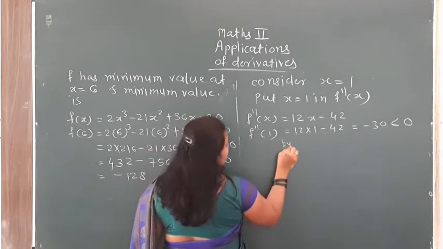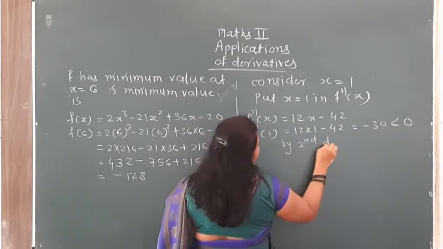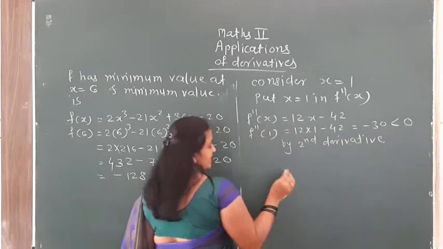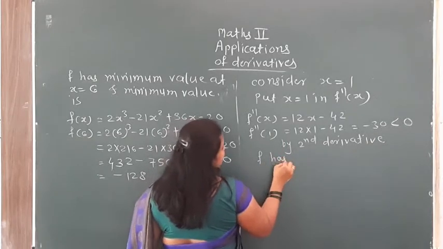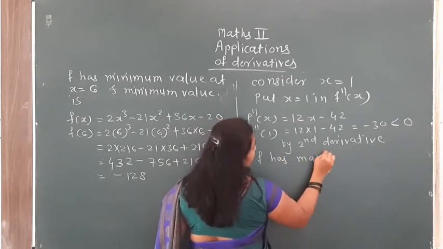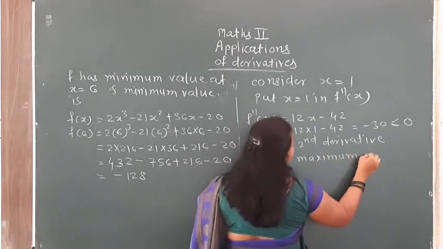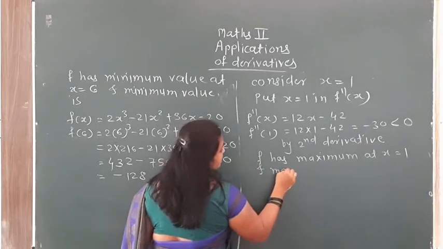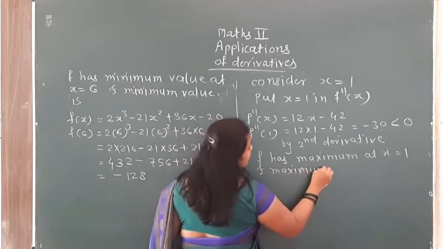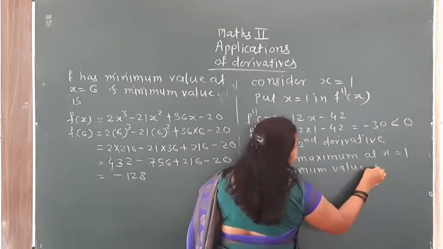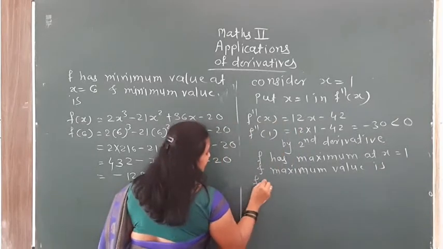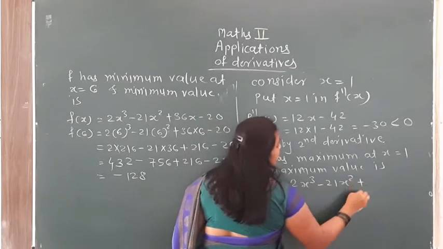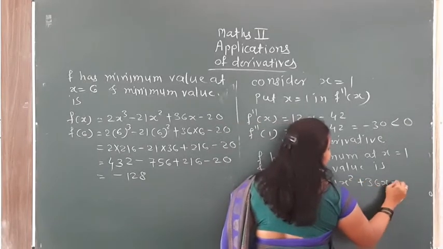So by the second derivative test, f has a maximum at x is equal to 1. The maximum value is found by substituting 1 in f of x, where f of x is equal to 2x cube minus 21x square plus 36x minus 20.